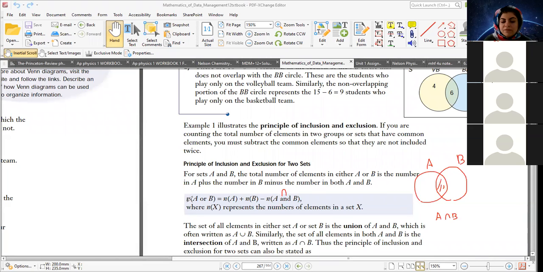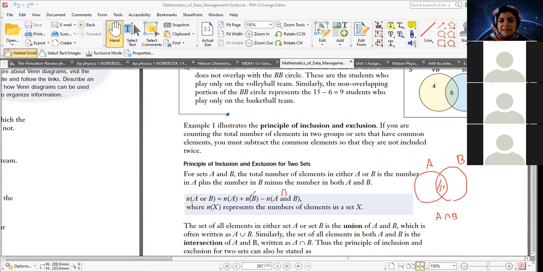If you want to find n of A or B, it's going to be n of A plus n of B minus the common between them. What does A or B mean? It means the total students that you have in the teams.